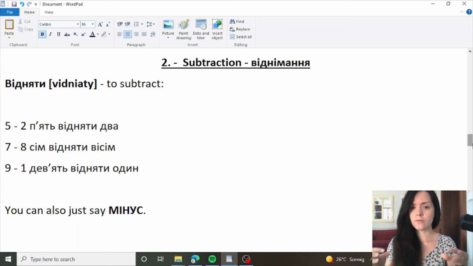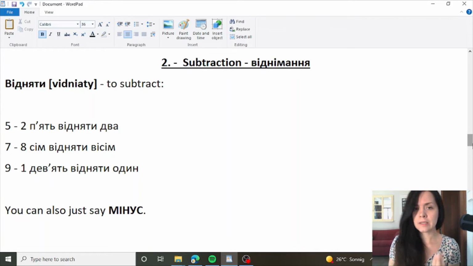The action of subtraction in Ukrainian is віднімання. The verb to subtract is відняти. Again, it's the verb that we are going to use instead of saying minus.